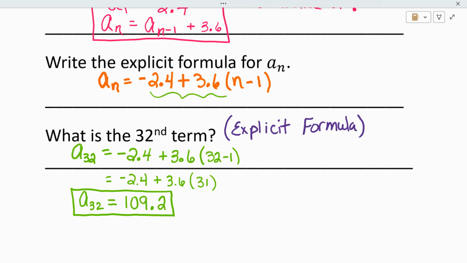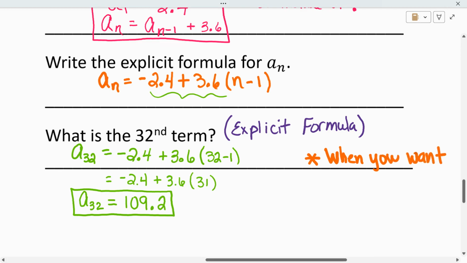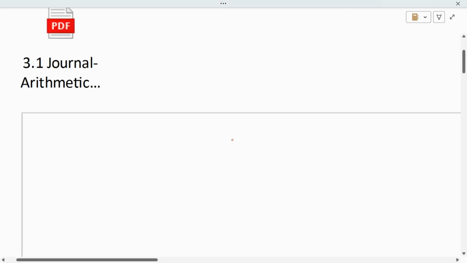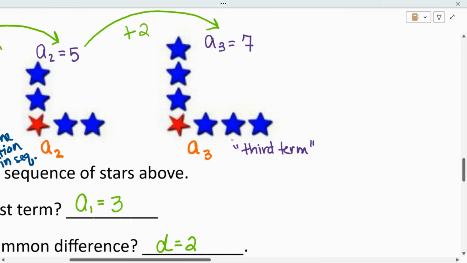Okay, so I'm going to write a note off to the side again, because this will be the second time I've written it. It's super important. When you want any term, I need new batteries.